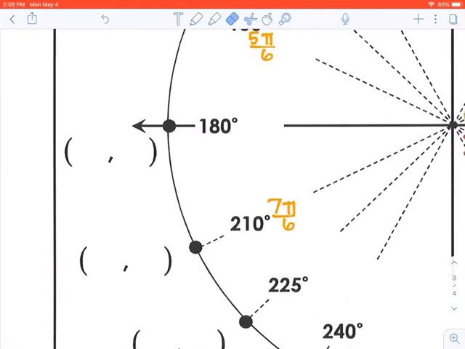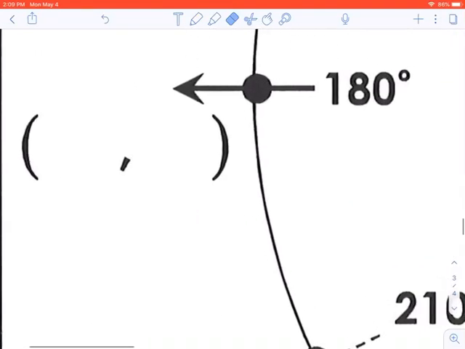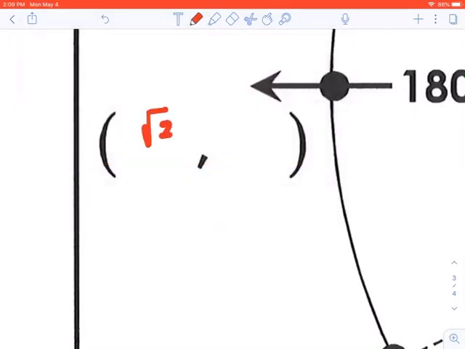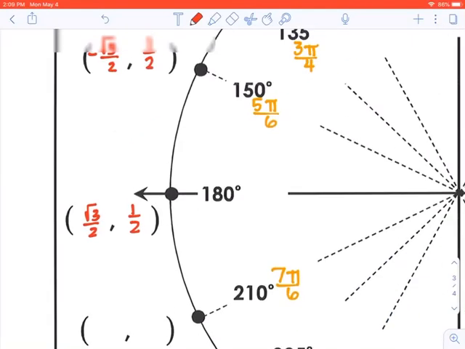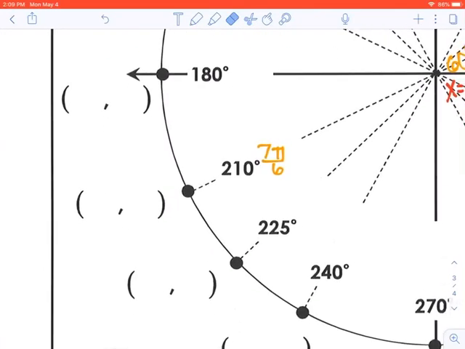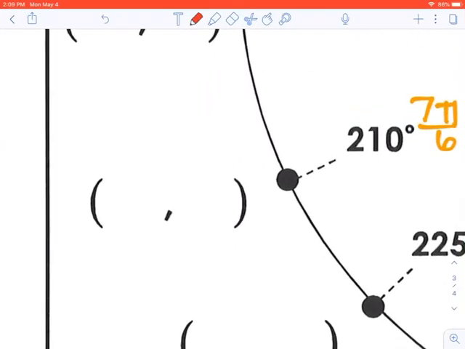The 30-degree angle had the point, as we just mentioned, root 3 over 2, 1/2. Just like the one above it, except now I put it in the wrong space, my bad, hold on. We're doing it for the 210. For the 210 degrees, root 3 over 2, 1/2. There we go. Okay, but now we're in the third quadrant.